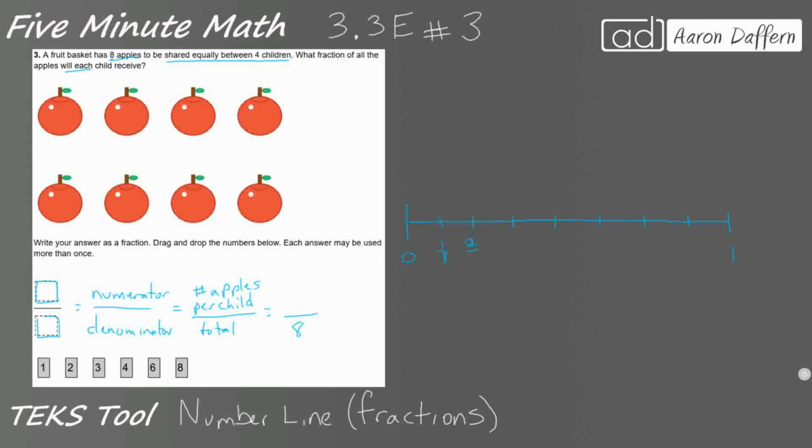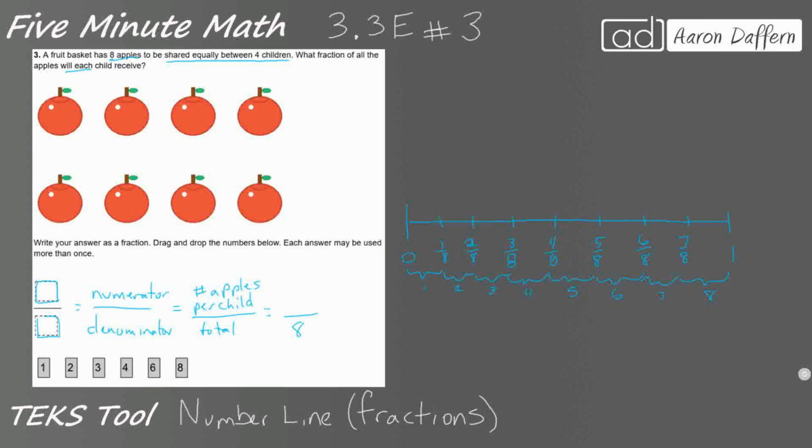And each of these tick marks, those represent our numerator. So our denominator is how many pieces we have altogether. And we've already established we've got 8 pieces. And if we want to, we can just see I've got 1, 2, 3, 4, 5, 6, 7, and then 8.